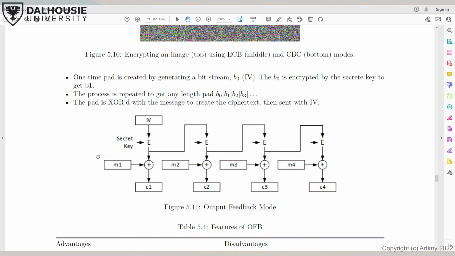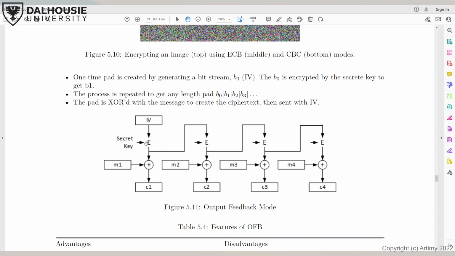Notice here that I'm looking at the top part of the diagram, before the M blocks. The output of the encryption is passed again to the encryption, and we encrypt the output again, and then again, and again. So what we get out of this is P0, P1, P2, P3.